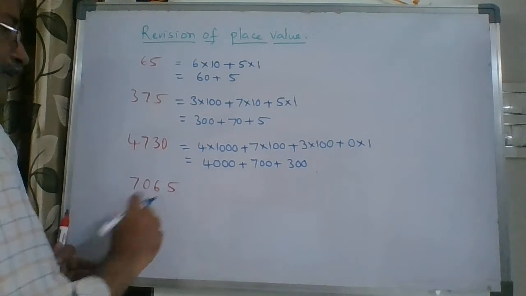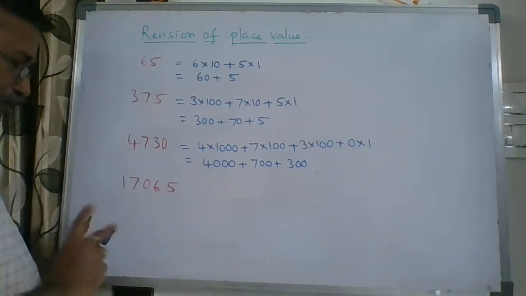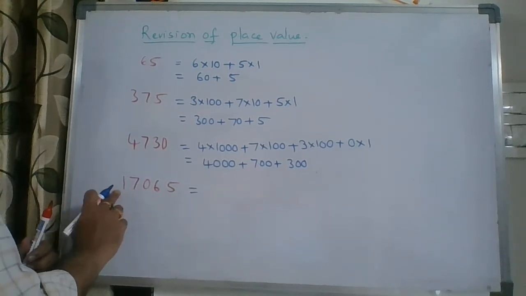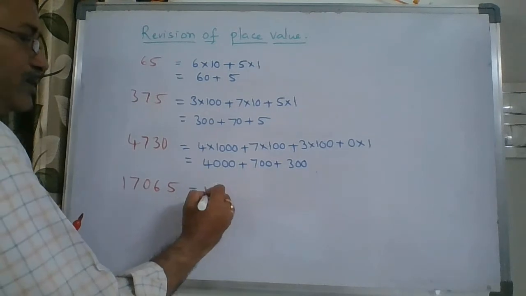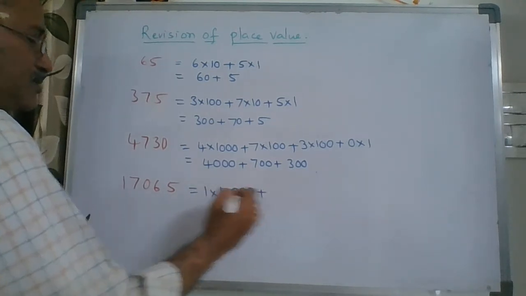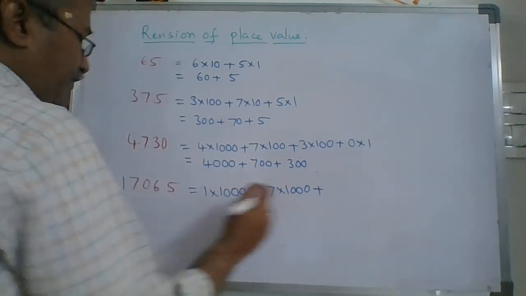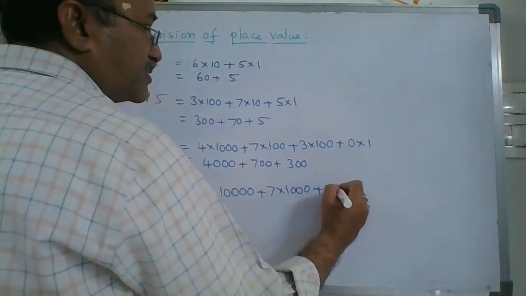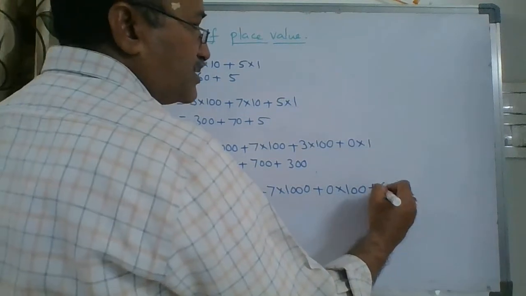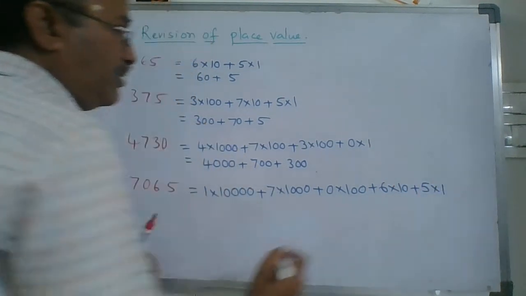And what about the 5-digit number? 17065, suppose it is. Then what we do is, this is thousands place, this is 10,000s place, isn't it? So 1 into 10,000, 1 is in the 10,000 place, plus 7 is in thousands place, 7 into 1000 plus 0 is in hundreds place, so 0 into 100 plus 6 is in tens place, so 6 into 10 plus 5 is in ones place, so 5 into 1.